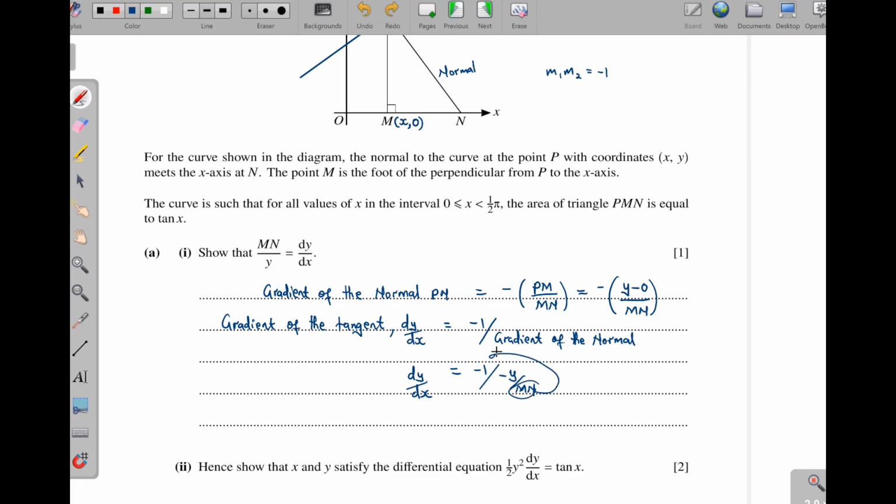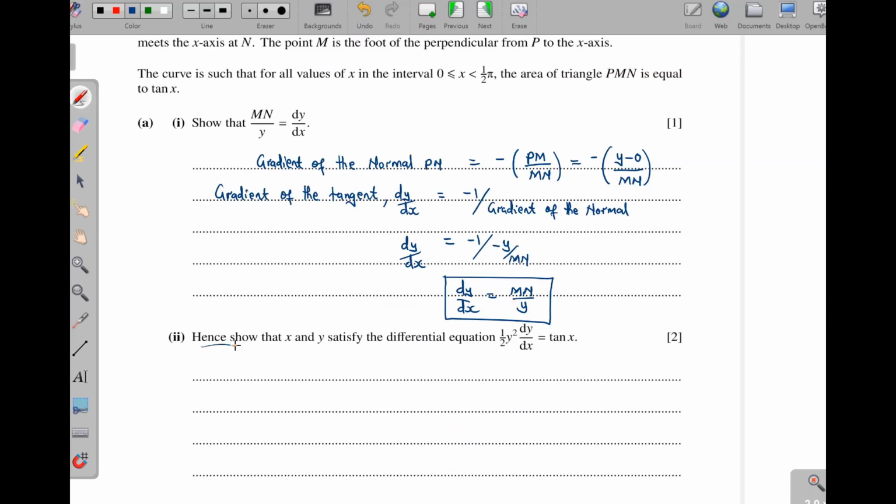Then this one will somersault and go up there. That means dy/dx shall be equal to MN out of y. Isn't it exactly what is here? So that is that.